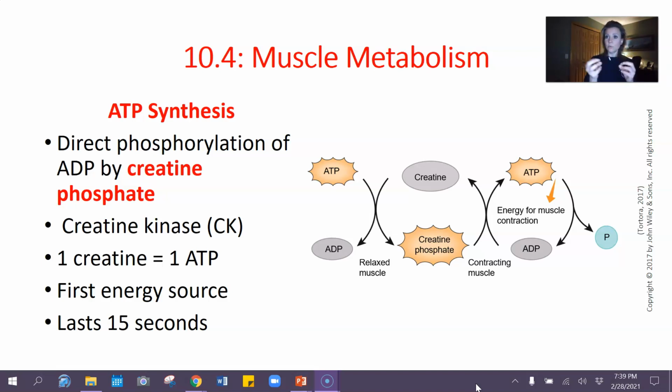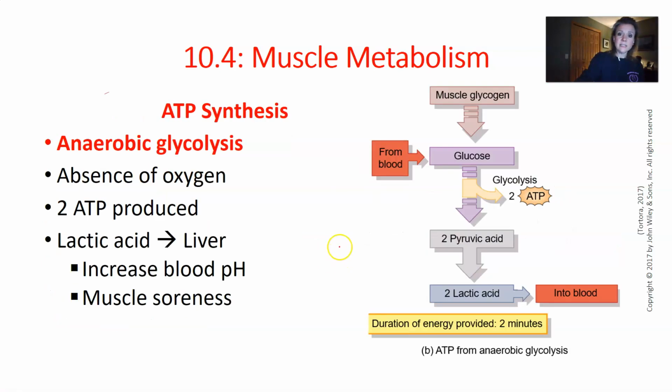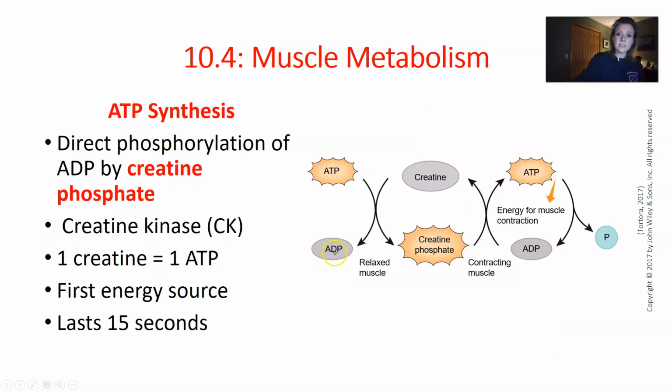So it's going to remove a high energy phosphate from ATP, and it's going to create adenosine diphosphate instead. It's going to take that high energy phosphate from ATP and attach it to a creatine molecule to create creatine phosphate. So the creatine phosphate is just going to hang out in the muscle cell until it's needed.